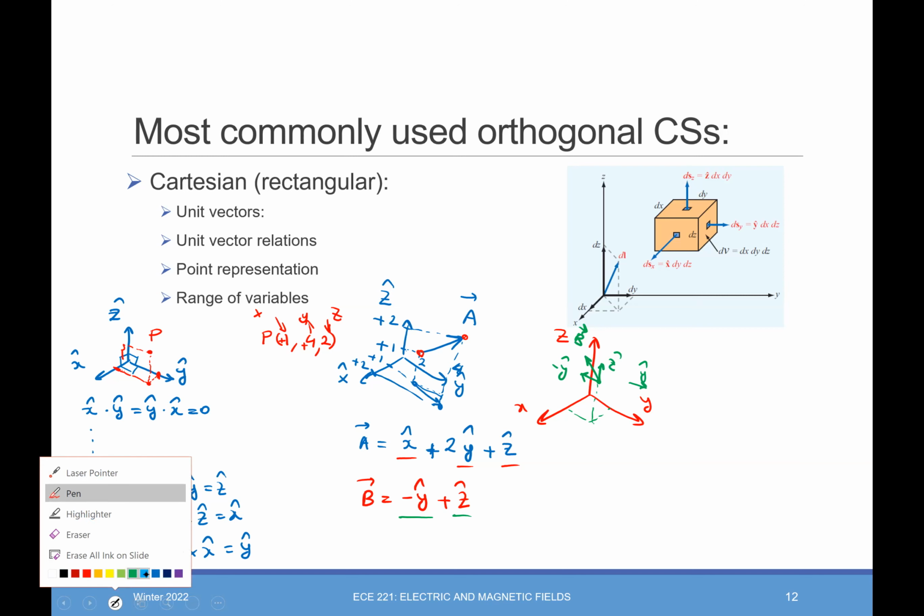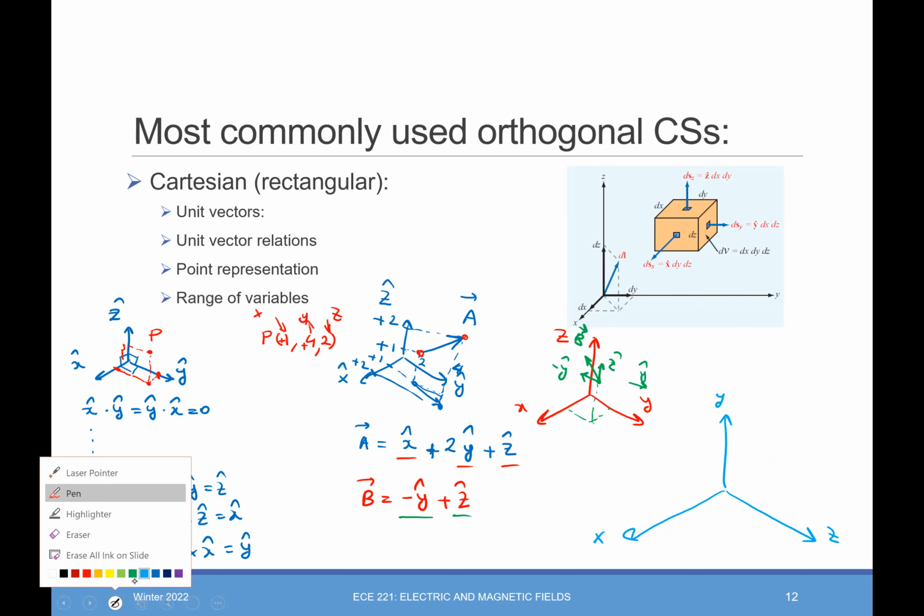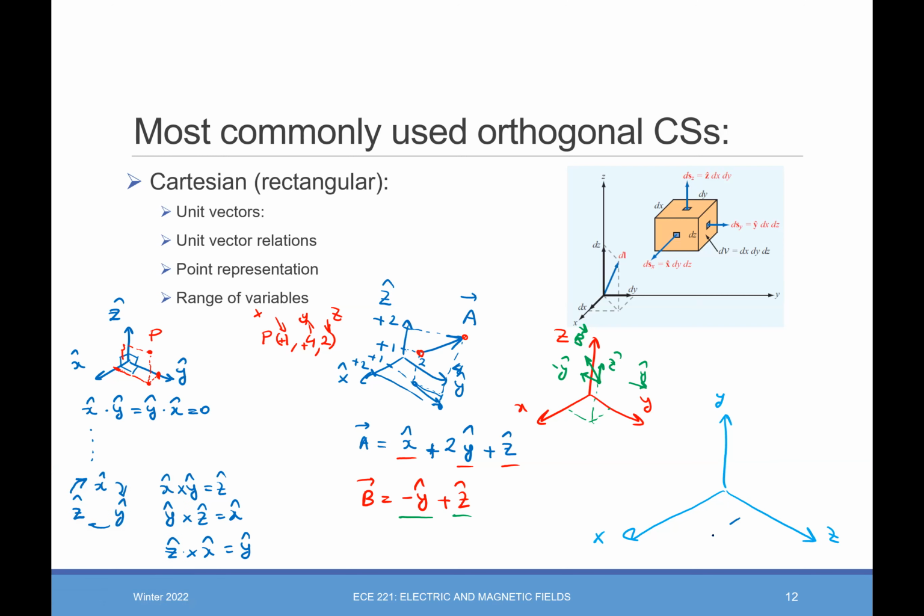As you can see in this page, I'm going to draw it again here. In order to define a volume, you can see it in this figure as well, but I'm going to draw it again. If you change the x variable, we end up with this.